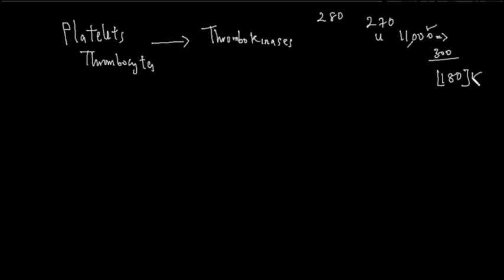UI does not accept more than their quota. UI's quota is 180. They accept 160 from JAMB and the remaining 20 from direct entry. So if 4,000 students apply to study medicine, how many are they taking? 160.